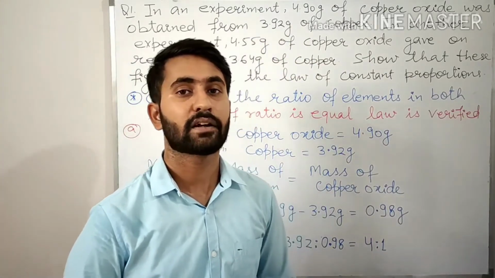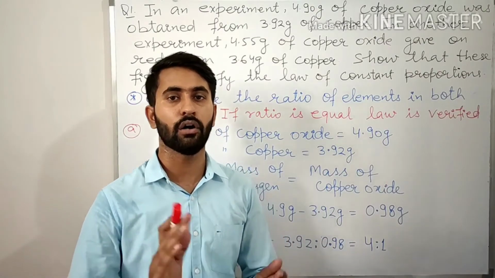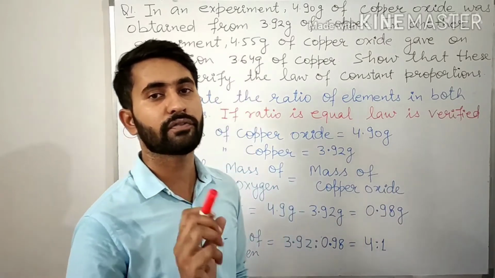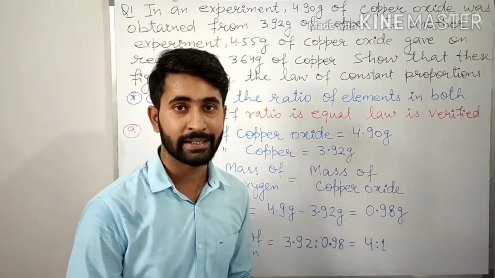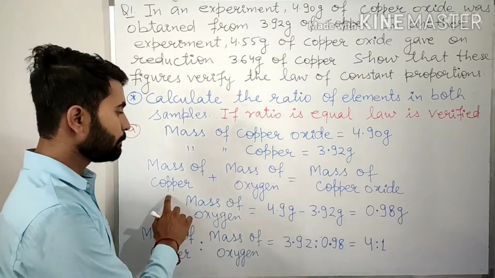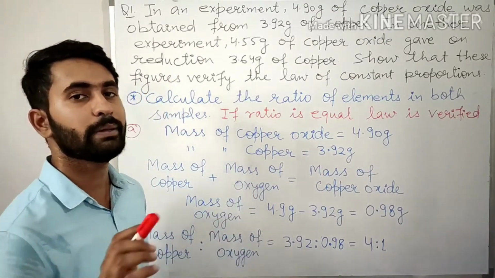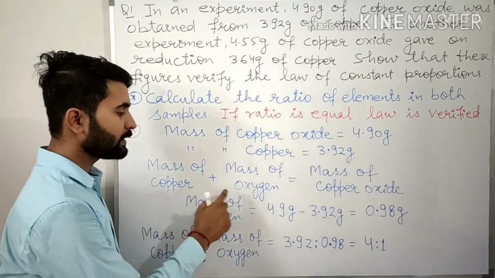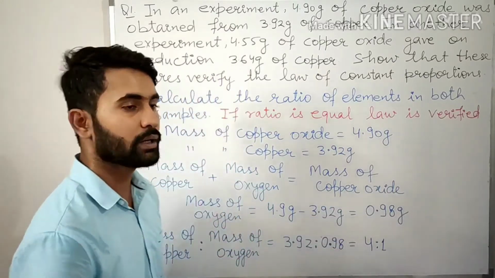We know that copper oxide is formed by the combination of copper and oxygen. From the law of conservation of mass, we know that mass of reactants is equal to mass of products. So in this case, mass of copper plus mass of oxygen will be equal to mass of copper oxide, because here copper and oxygen are the reactants and copper oxide is the product.